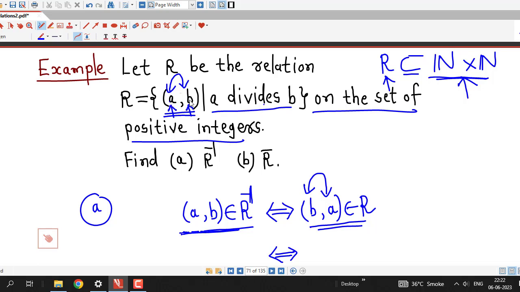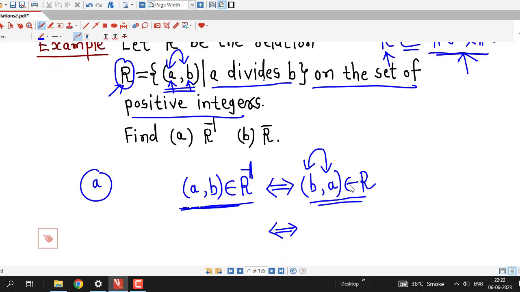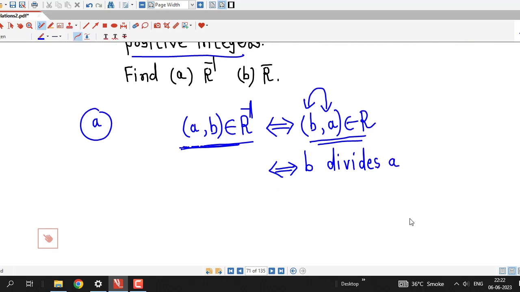If the first element divides the second element, then this ordered pair is a member of the given relation R. So here the ordered pair (B, A) is a member of R. Therefore the first element must divide the second element. So this means B divides A. So I obtain this condition for an element to be in the converse of a relation.